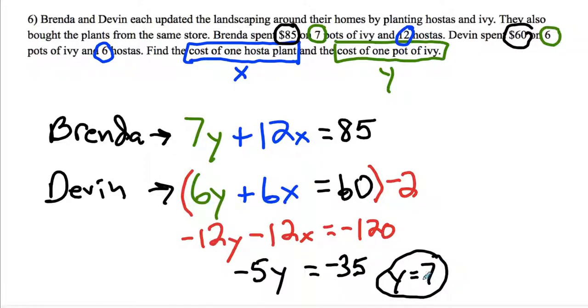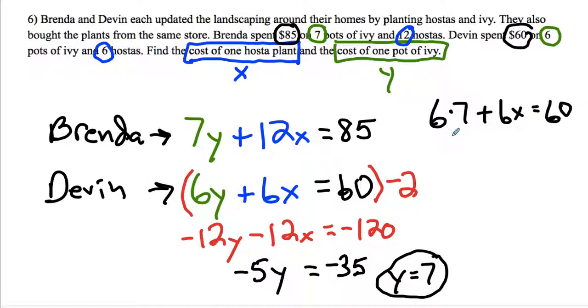Now I need to find my x value, so we have to use one of these equations. I'll use this one, it's a little smaller. I'm going to do 6y, but I know y is 7. So 6 times 7, plus 6x equals 60.